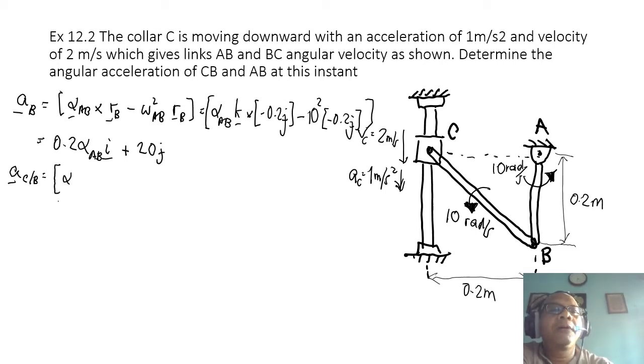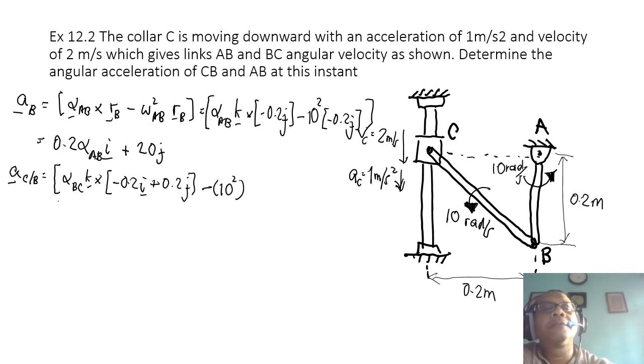We say alpha BC K cross position vector C relative to B, which is minus 0.2I plus 0.2J, and then minus omega square, 10 square, times position vector minus 0.2I plus 0.2J.